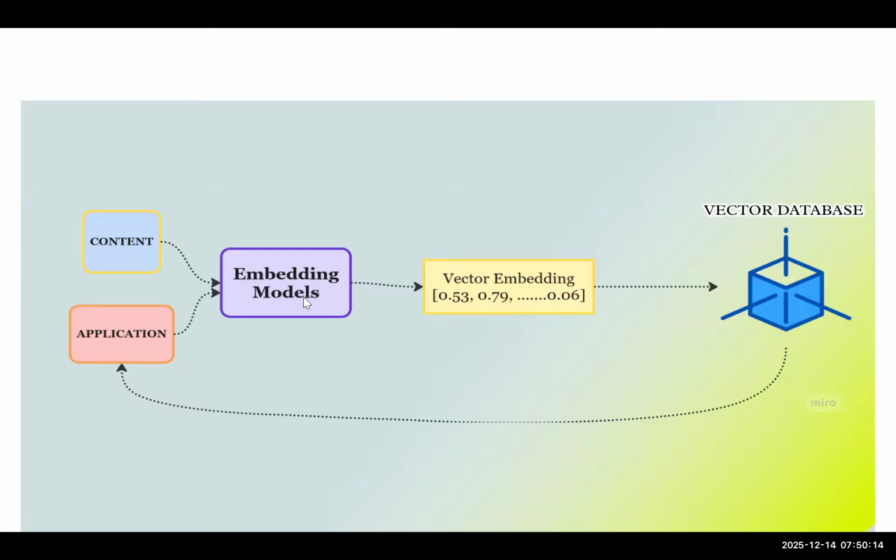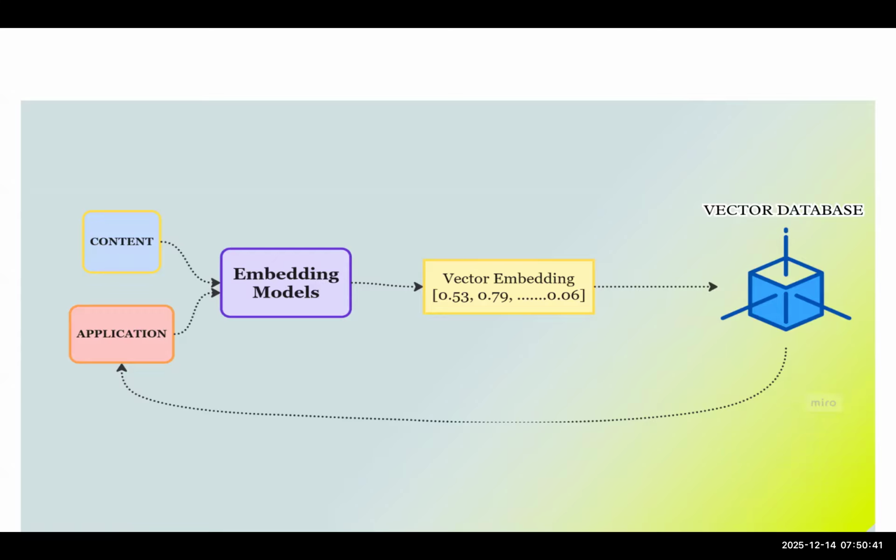So the thing you have to make sure is that you should be using the same embedding model to convert your question into an embedding which you have used to convert the actual content into embedding. Okay, because each model has its own algorithm and generates the embeddings based on its own training.